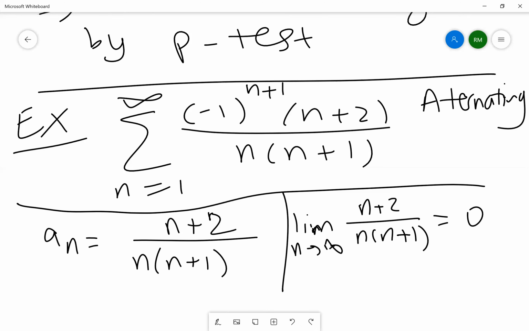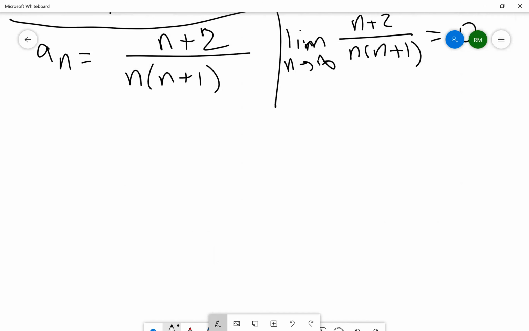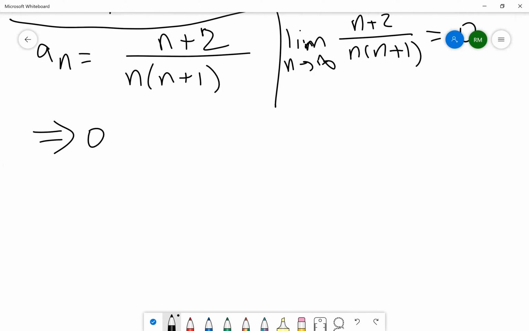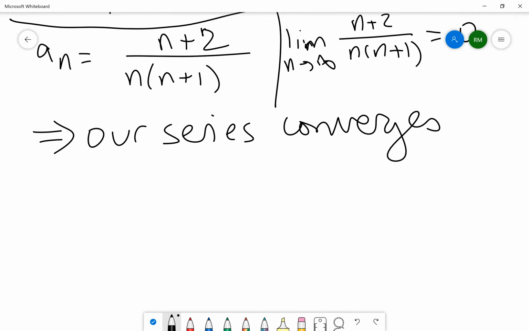And so what it tells us is that our series converges by the alternating series test.